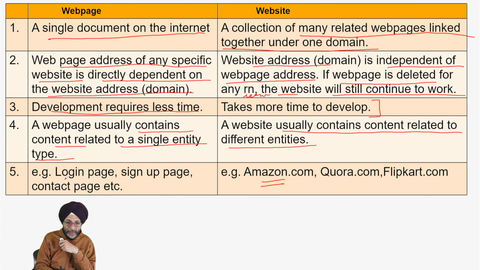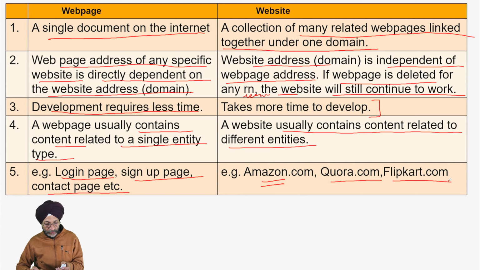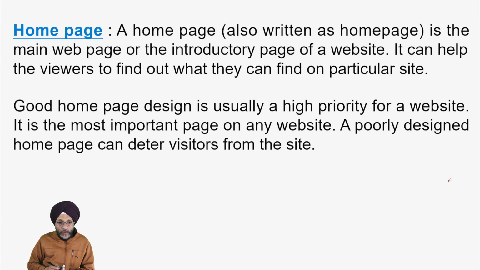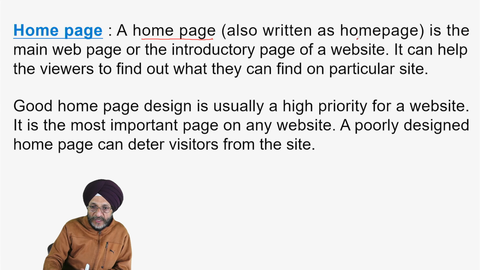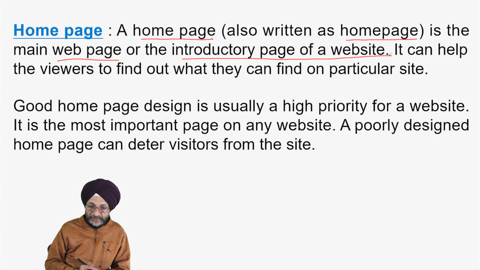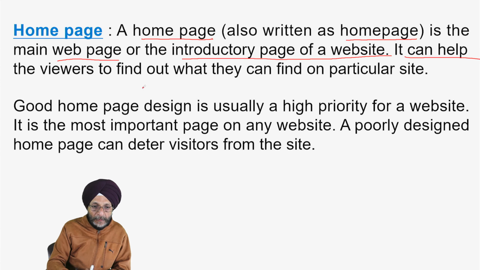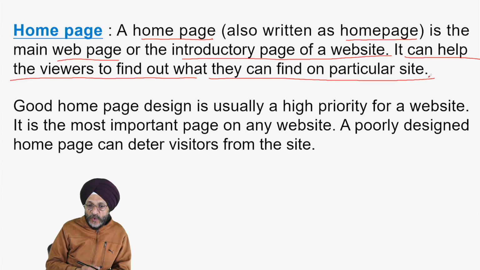The examples of web pages are login page, sign up page, contact page, etc. And the examples of websites are Amazon.com, Quora.com, Flipkart.com. Now, home page. Home page can be written this way or this way. It is the main web page or the introductory page of a website. It can help the viewer to find out what they can find on a particular site.